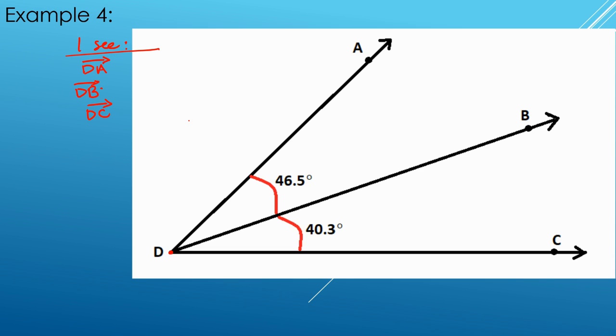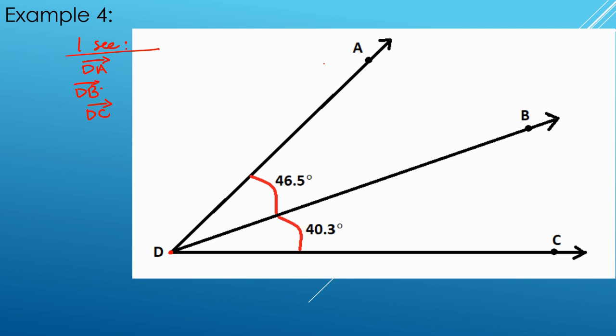And what else do we see? There's some angle measurements in between some of these line segments or these rays. We need to talk about how to name angles and how to write their symbols as well.